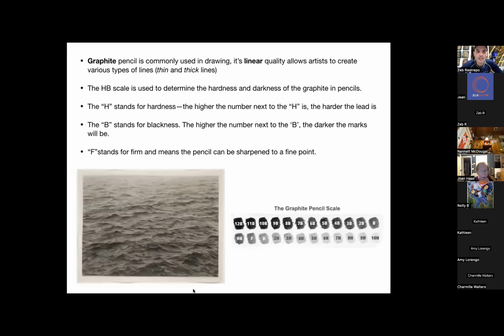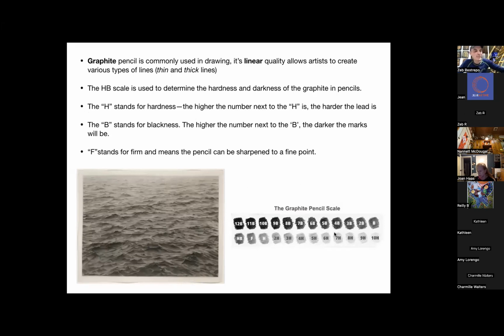I want to reiterate the importance of the tools that we use, the graphite pencil scales. Today I don't have everything, and it's okay if you don't have all the graphite pencils. As long as you have an HB pencil, which is a number 2 pencil, you'll be able to create the 9-step value scale, which we're going to do next.